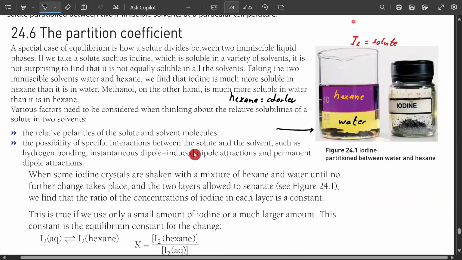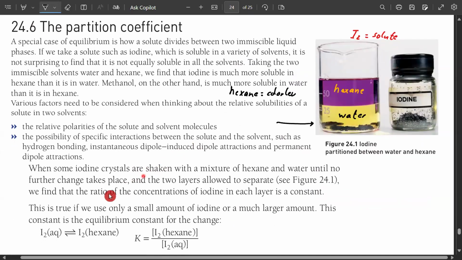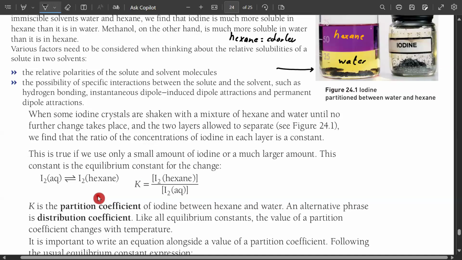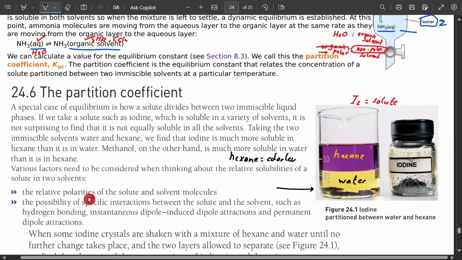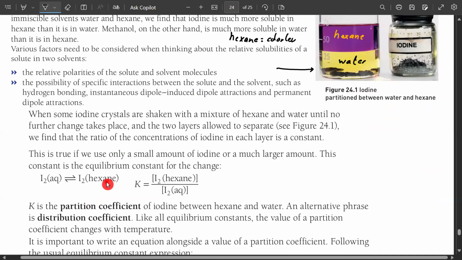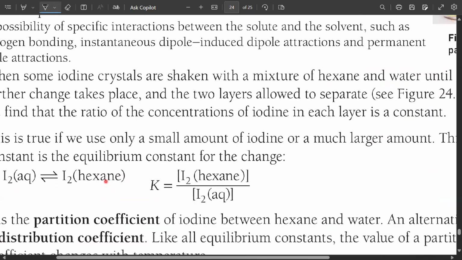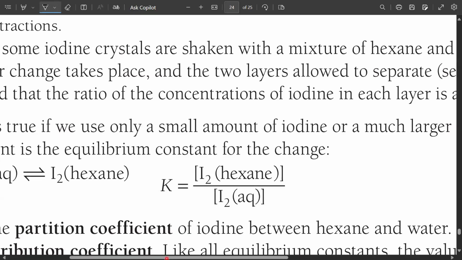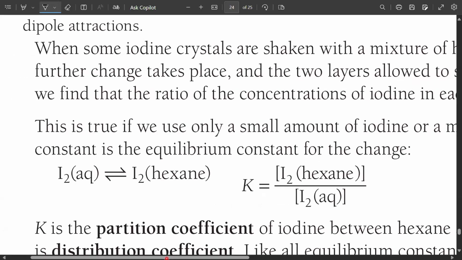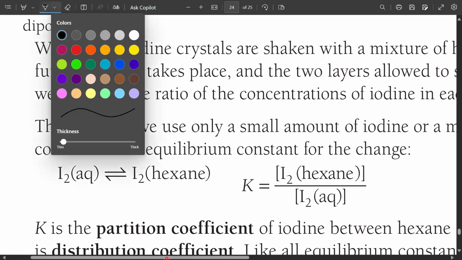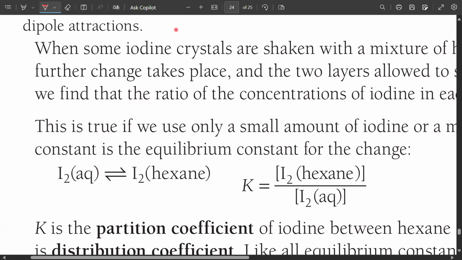Now for this type of equation, you have to construct the Kpc expression, the partition coefficient expression. Water will always be in the denominator.